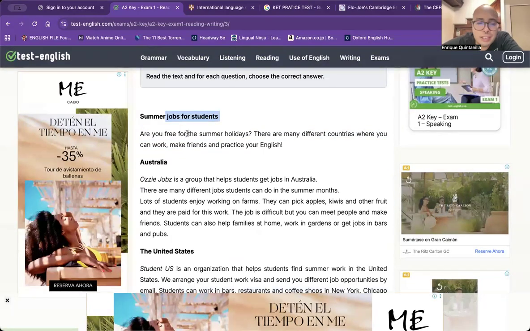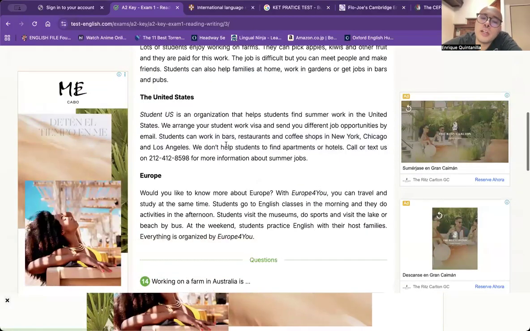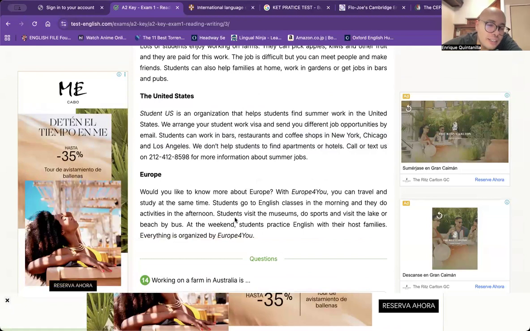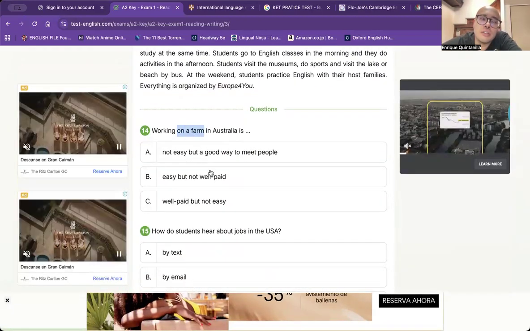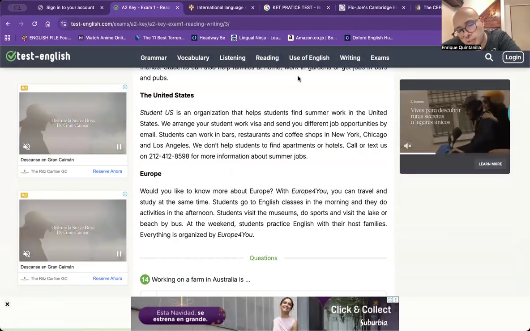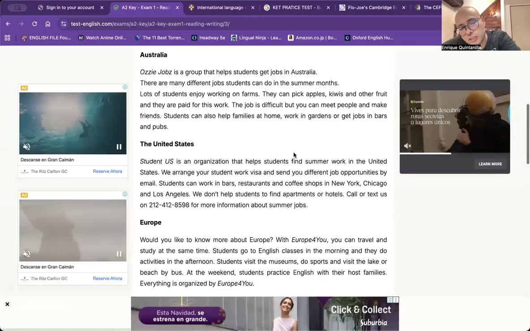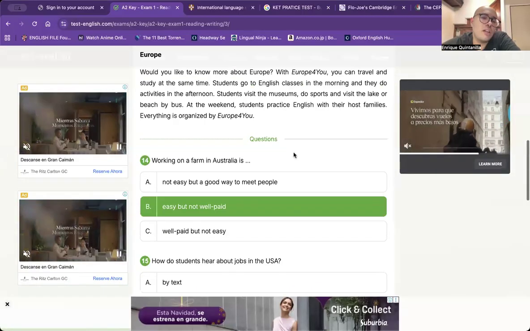Read as fast as you can, hay que leer tan rápido como se pueda, and more or less get the general idea. After that, you focus on the questions and the sentences, and you read the text again and find the answers. And try to remember the texts.